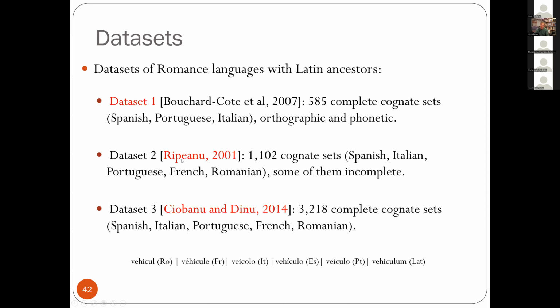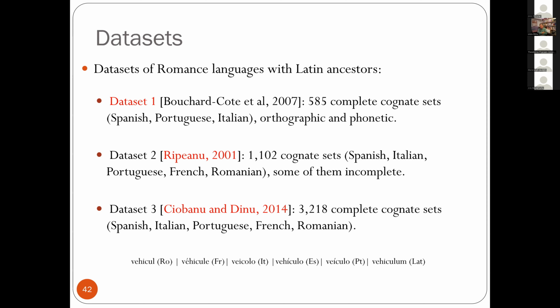The second one was a data set of around 1,100 cognate sets from pure linguists. The data set was by Sandra Ripeanu, a Romanian teacher. She offered us a list of more than 1,000 cognate sets for Spanish, Italian, Portuguese, French, and Romanian.